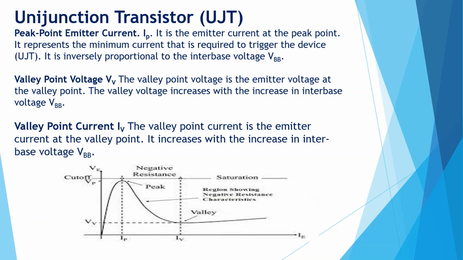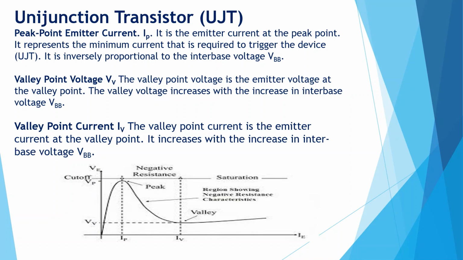Now there will be a point where the voltage VE keeps on decreasing, and it reaches a minimum value which is called VV, the valley voltage. Therefore this device has a negative resistance region which is stable enough to be used with a great deal of reliability in applications such as oscillators.